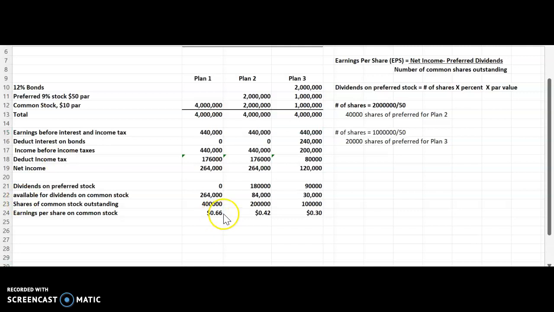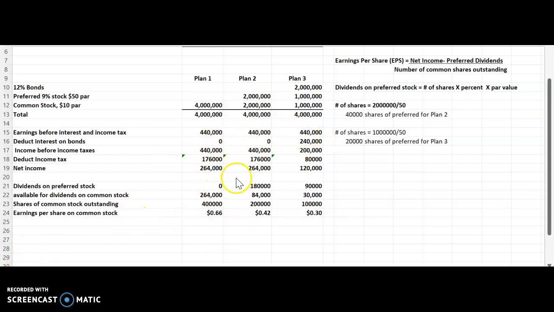So now I get 66 cents per share, 42 cents per share, and 30 cents per share. So now which plan has the highest earnings per share? Plan 1 does. So anytime you change a variable, it's going to change the end result.